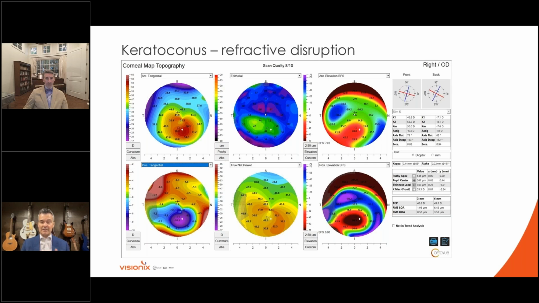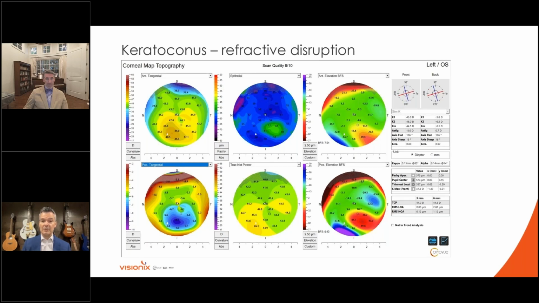You'll see some examples here where when we look at about 15 to 20, that's like the early indication that something is not what we would expect in terms of its best fit sphere deviation or elevation. So again, this is representative of a highly keratoconic patient and what you would see in this individual.